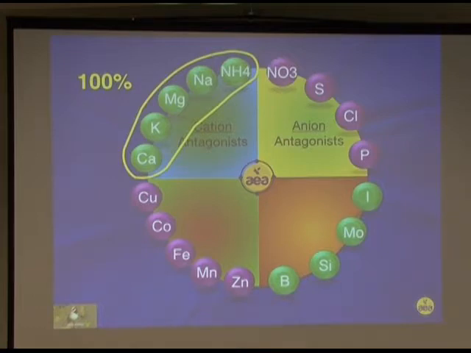This idea of antagonistic relationships between different nutrients has been very intriguing because what we have observed is this paradigm within agriculture that we constantly need to be applying more materials. If we have a zinc deficiency, we need to put more on. If we have a phosphorus deficiency, we need to apply more. If we have a calcium deficiency, we need to apply more.